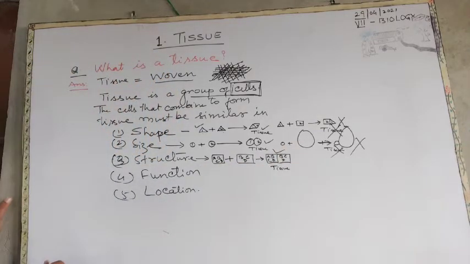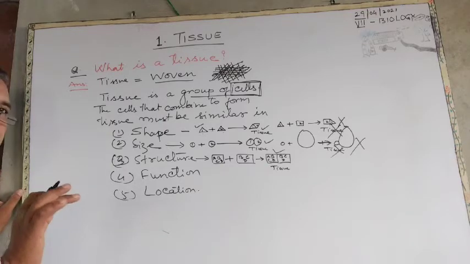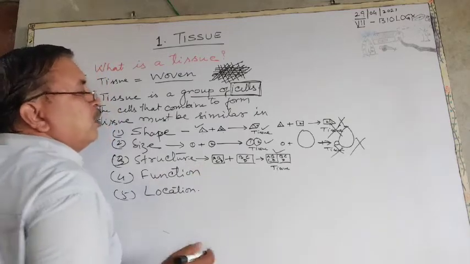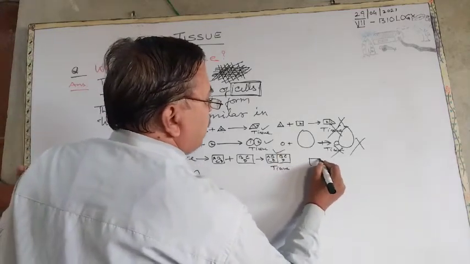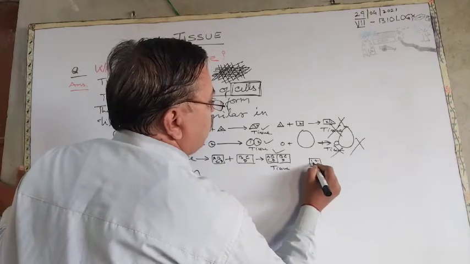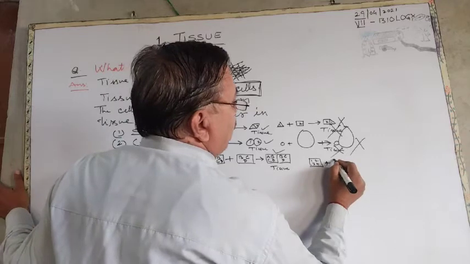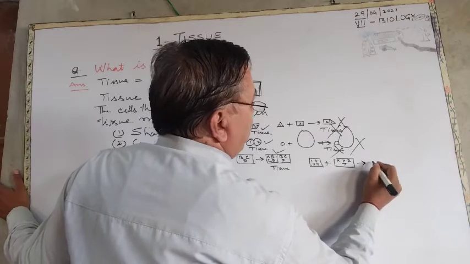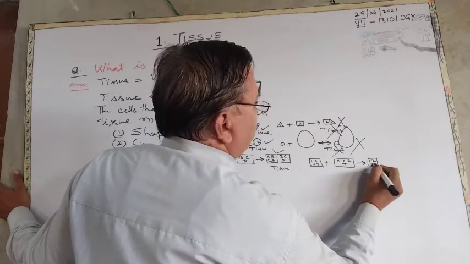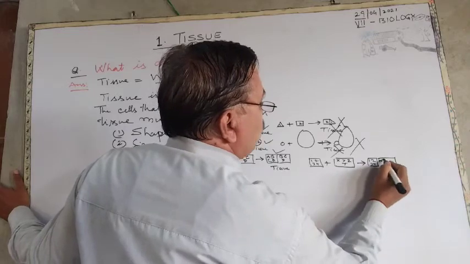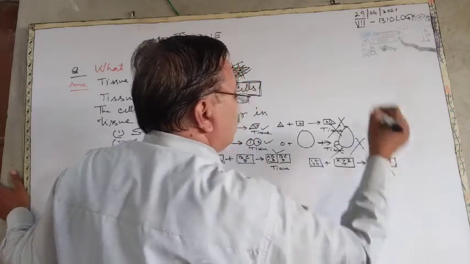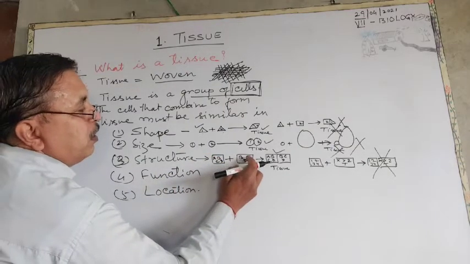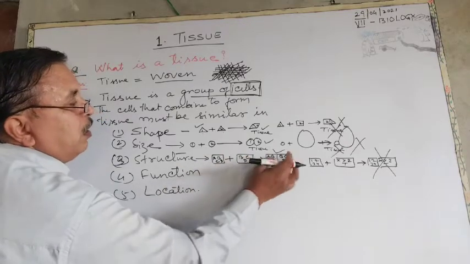Structurally, they are similar, not the same, I am not saying the same, but more or less the same, right? But in another combination, if there is a cell made up of 1, 2, 3, 4 and the other cell made up of X, Y, Z, T, resulting in 1, 2, 3, 4 and then X, Y, Z, T, this is not a tissue.